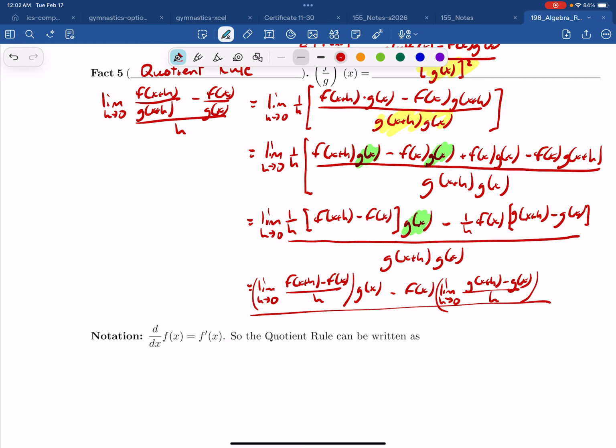And then all of this is over the limit as h approaches 0 of g of x plus h times g of x.